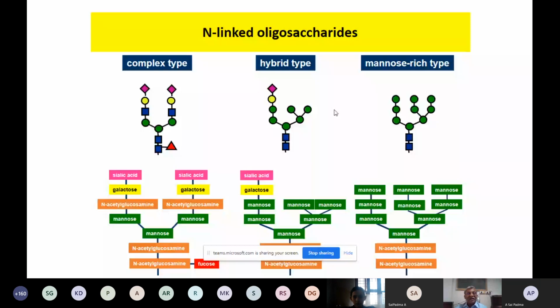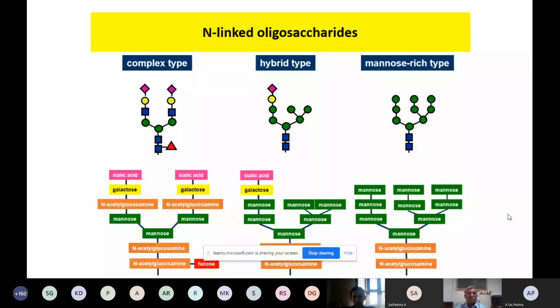And this selective addition of sugar molecules takes place in the Golgi apparatus, as we see in the subsequent slides. At each step, a different sugar molecule is added. Thus antennary structures are developed within the core oligosaccharide attached to the protein molecule.